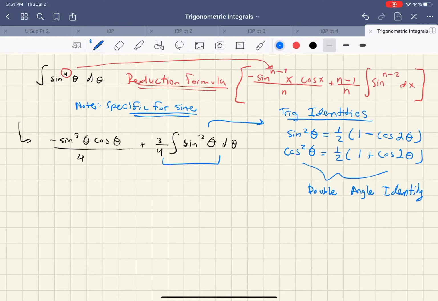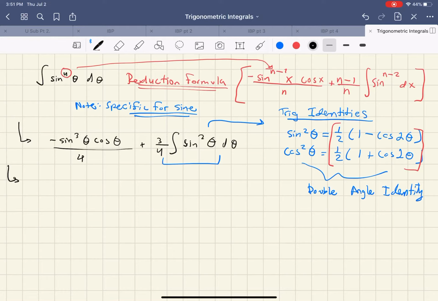Oops, I spelled that wrong. Identities. Now that they can be written as a double angle identity, if we were to use an integral, we could easily compute that by just distributing the 1/2, and all we would have to compute is basically a cosine function. And that's exactly what we're going to do.